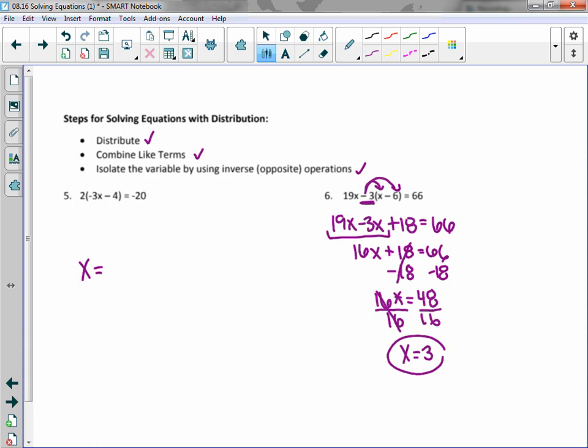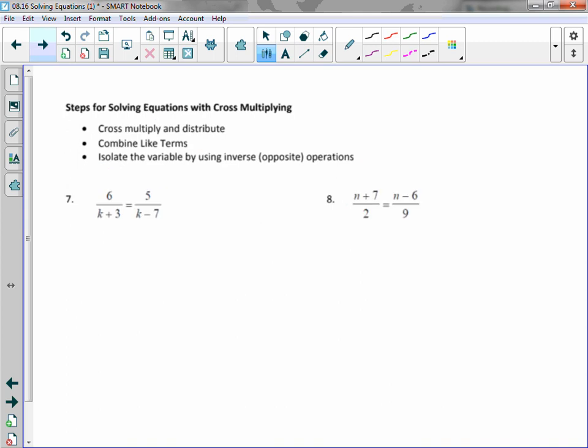Time out. 2 times negative 3x, negative 6x. 2 times negative 4, negative 8. Then add 8, and you add 8 to the stickers. Oh, yeah, and then you get x. Don't worry about it. Okay. x equals 2.